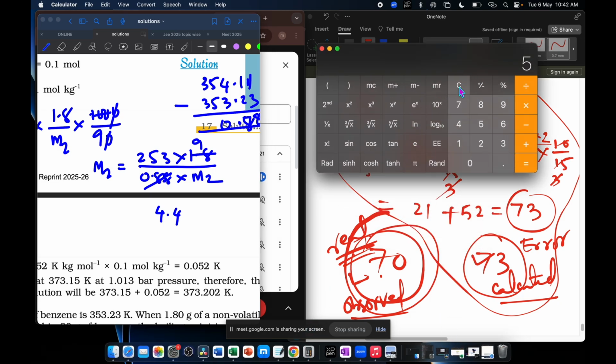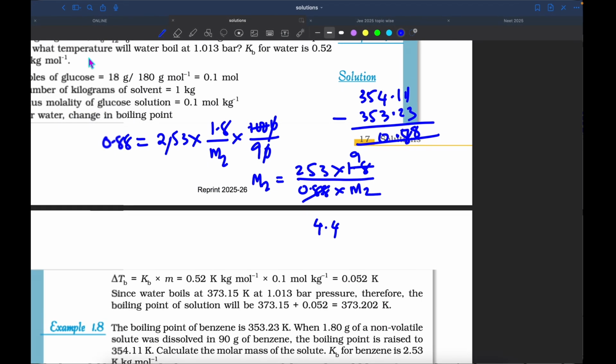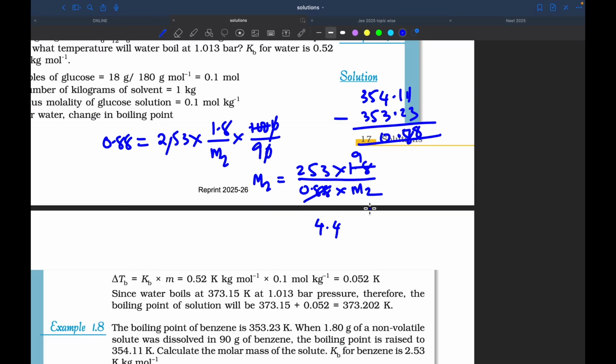It is visible, isn't it, is the board visible? 253 into 18 by 0.88. Something is wrong. Why is there M2 again here?